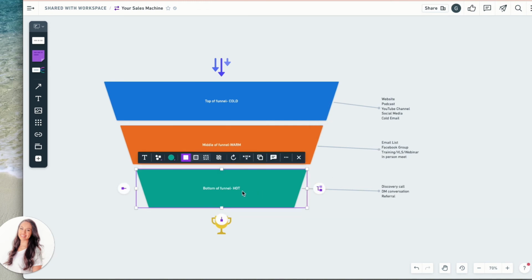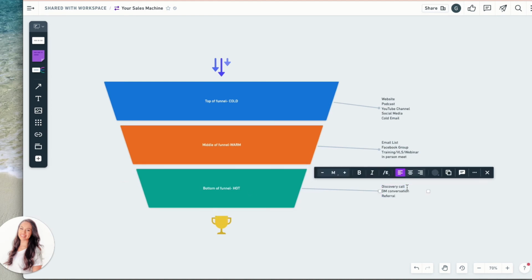And then bottom of funnel, after all of this, they're like, oh my God, I love this person. I can see myself working with them, and they would be a great fit for my company. So this is where you get on a discovery call, or some people like to call it a sales call, or you have a DM conversation with them, or it was a referral that someone sent over, and you are in the process of working together, because I think this is one of the best ways to work with someone.